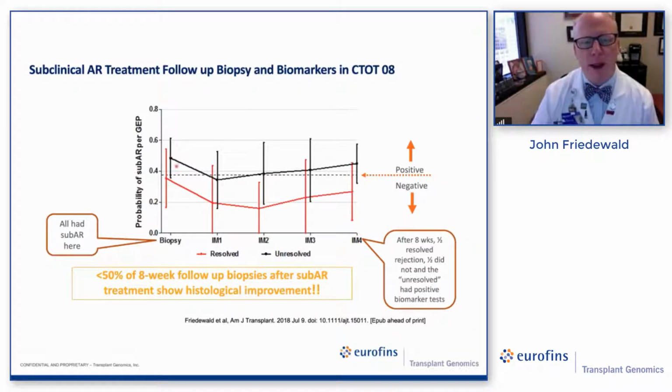But almost all the patients that didn't have resolution of rejection had a positive biomarker at baseline. By the time treatment was done, most of the people that did not resolve still had a positive biomarker, whereas most of the patients that had resolution had a negative biomarker. So what this tells us is we can monitor patients after treatment. I showed one example of that in the previous clinical example, how the biomarker can tell you whether a patient has had resolution of rejection after treatment.